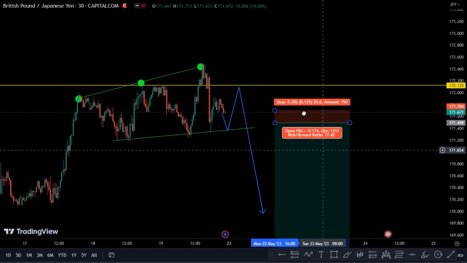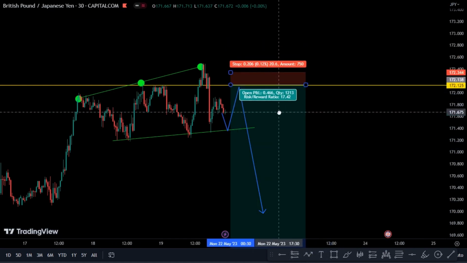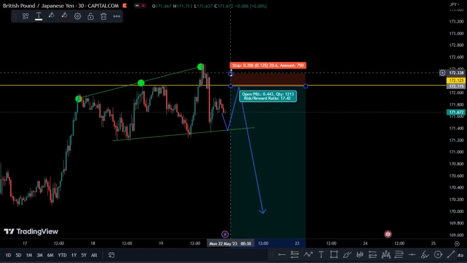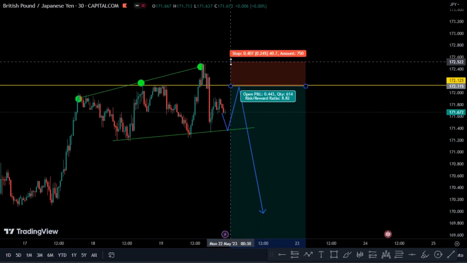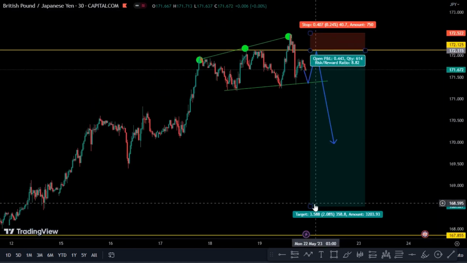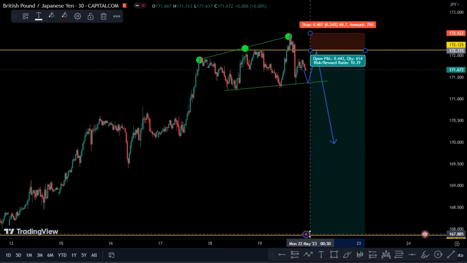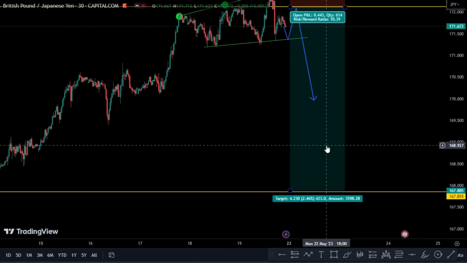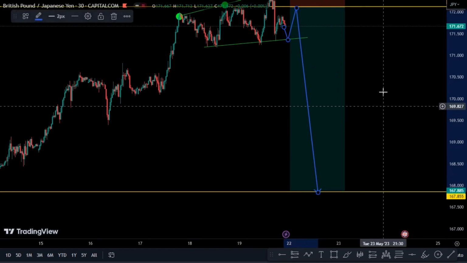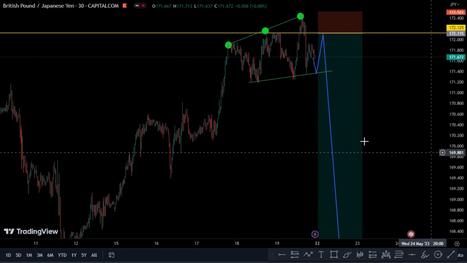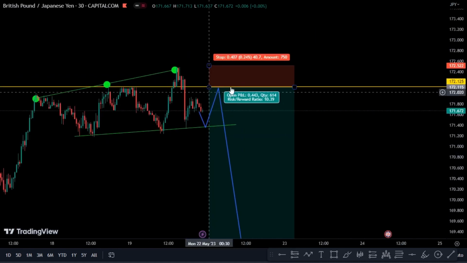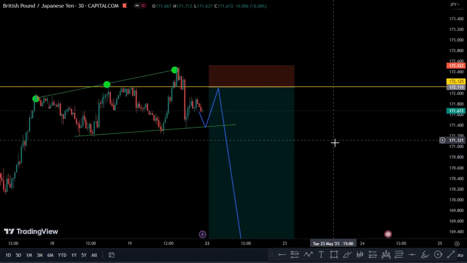Around this area here, I would look for a short and have my stop loss above the zone. It's a 40 pip stop loss and a 400 pip take profit, more than a 1:3 risk reward ratio. So this is definitely what I will be looking for in this upcoming week when it comes to GJ.